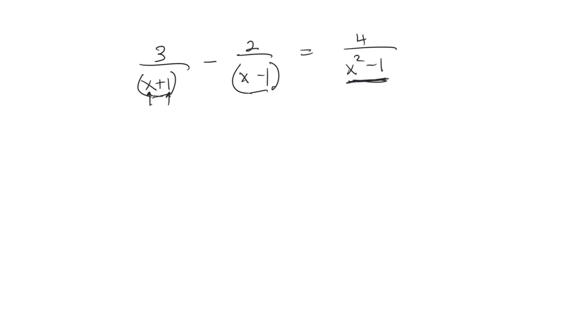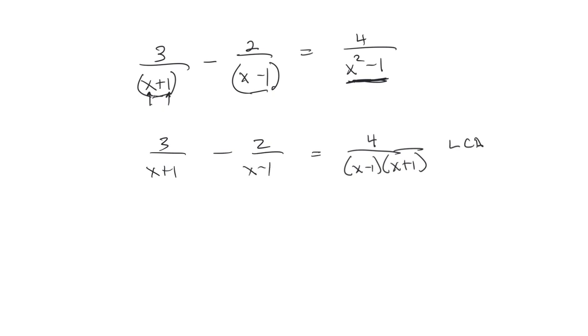Same thing with this one. Now this one here, I can factor that. That would be 4/((x-1)(x+1)). Okay, and then I'll just write the rest of what I have. Now if I'm looking for a lowest common denominator, I need to include each factor the most number of times it occurs in any one factorization.